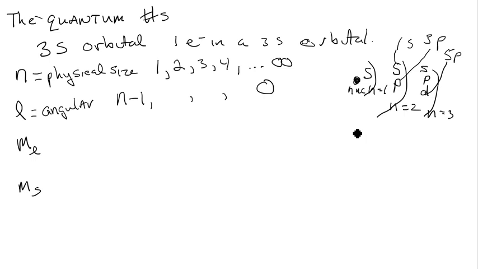So for example, when n is equal to 1, L can be equal to n minus 1, which is 1 minus 1. That's equal to 0, down to 0. So there's only 0. That's the only possibility when n is equal to 1 for L. And that's why there's only one s orbital in the first shell. And there is only one s orbital total.